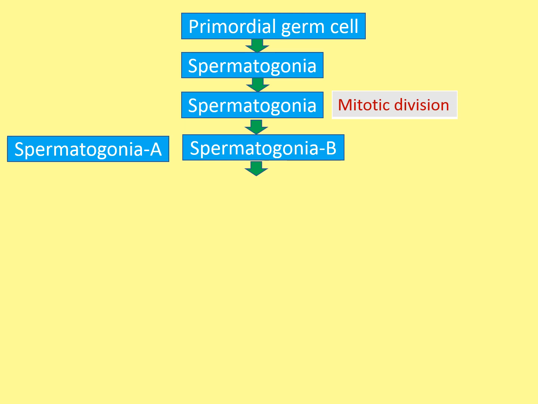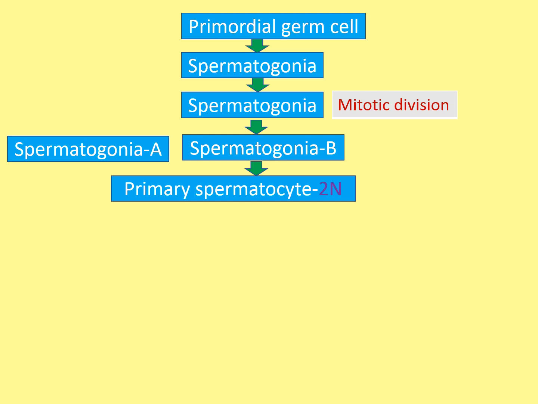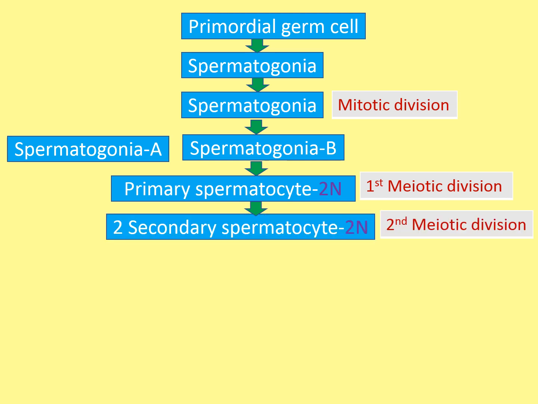Type B cells enlarge progressively and modify to primary spermatocytes. So from 32 spermatogonia, now we have 64 primary spermatocytes which undergo the first meiotic division to form 128 secondary spermatocytes which undergo the second meiotic division, which is quick in time, approximately 20 minutes, to form 512 spermatids.